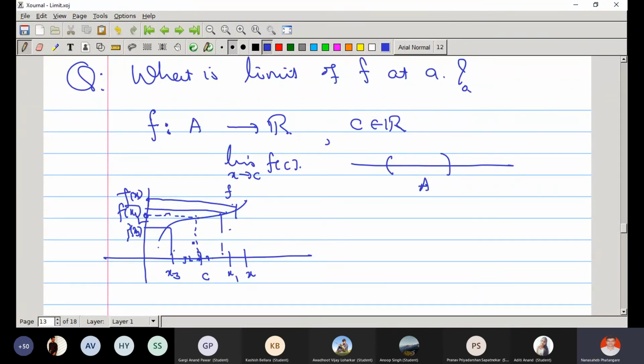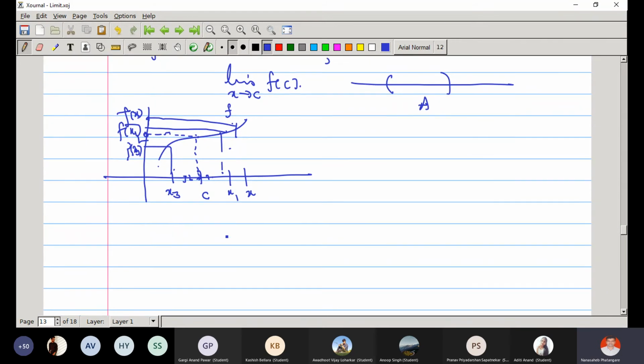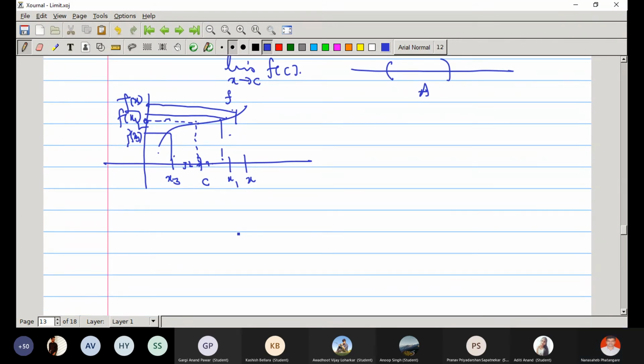But what is the classical or most modern definition of limit? Right. This is just a simple rough observation that as x approaches c, then f of x approaches some number. But what is the technical, more classical one? Because every time you will not be able to draw the graph of a function. Right. Sometimes it is very difficult to sketch the graph and see the graph easily and predict what is the limit.